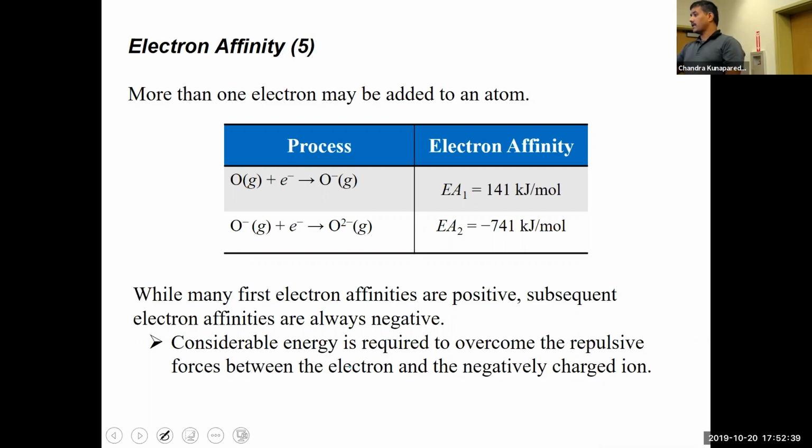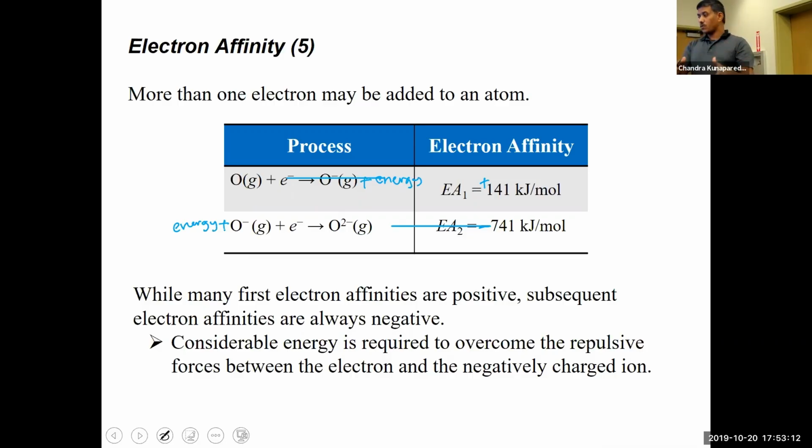by adding the extra electron, it released energy. How do you know? It is from this sign. There is no negative sign, which means there is a positive sign, which means energy is released. Whereas in the second case, energy is shown as a negative, which means you need to input energy here and force this negatively charged oxygen ion to accept the second electron, converting to oxygen negative 2, which is not a favorable step.